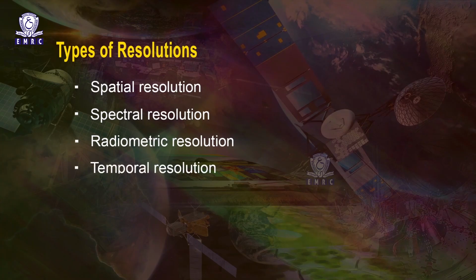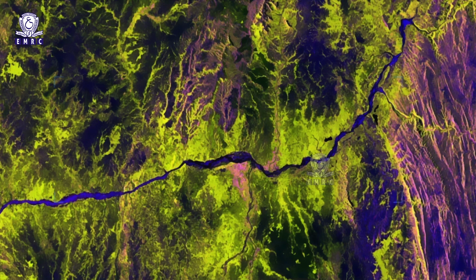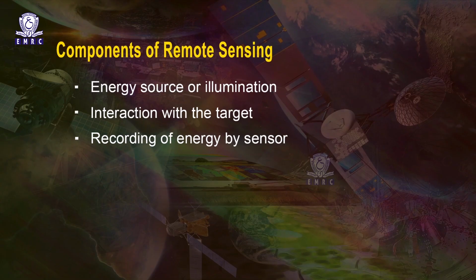This is represented as the noise equivalent change in the reflectance or temperature. Temporal resolution: the capability to view the same target under similar conditions at regular intervals. It is the time interval between image collections over the same geographical location.